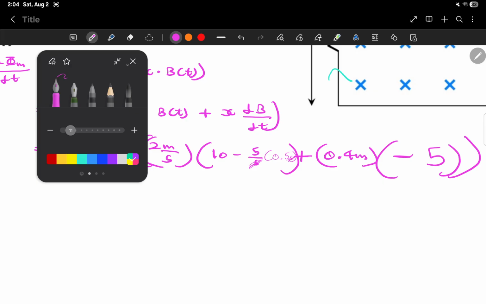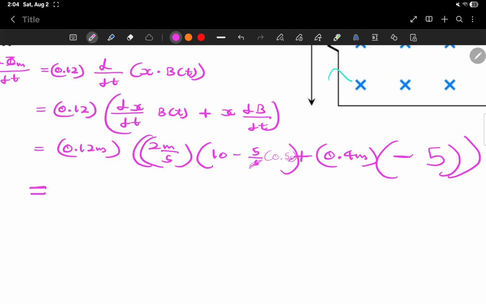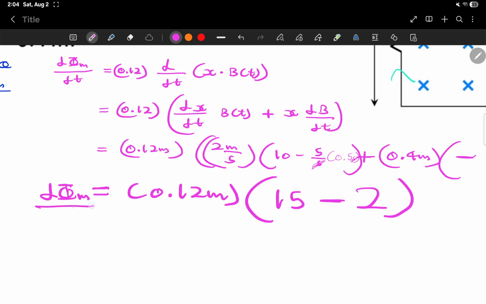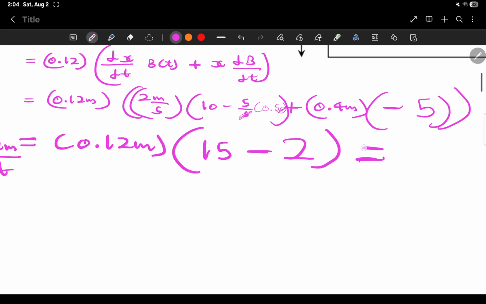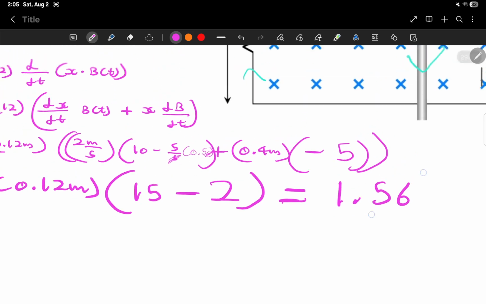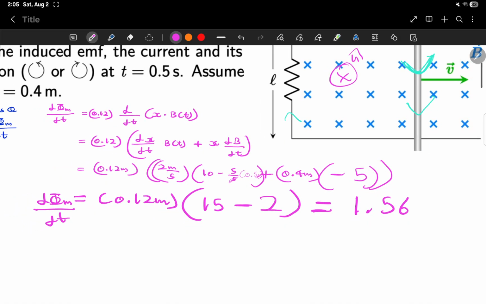So when I simplify this further, I get 0.12 meters times 15 minus 2, which gives me 15 minus 2 is 13. So for the change in flux, I get 1.56.